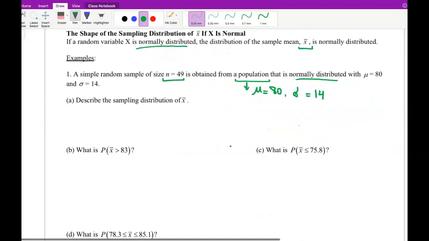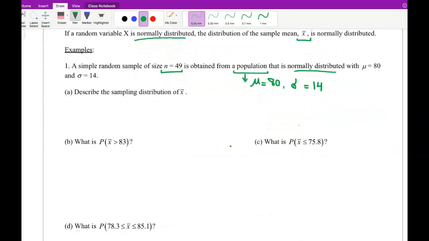Now go back to the second page, example number 1. In this part, we need to describe the sampling distribution of x bar, or sample mean.